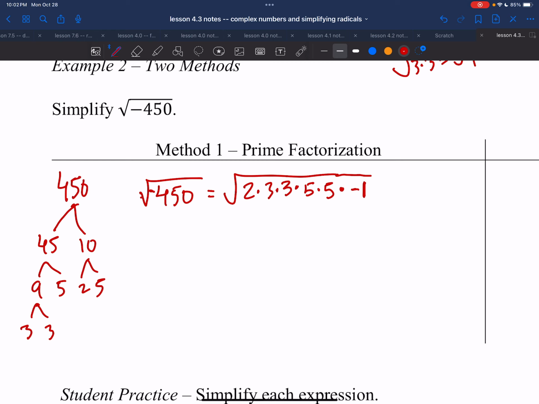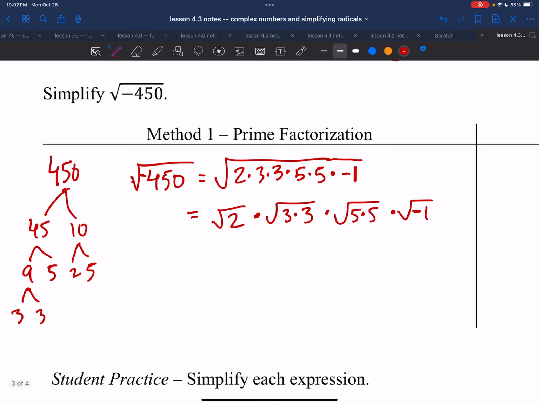Now, remember, looking for perfect square pairs, right? Perfect squares come in pairs. So 2 doesn't have any other 2s to pair with. 3s have a pair. 5s have a pair. And then you have this lonely square root of negative 1.